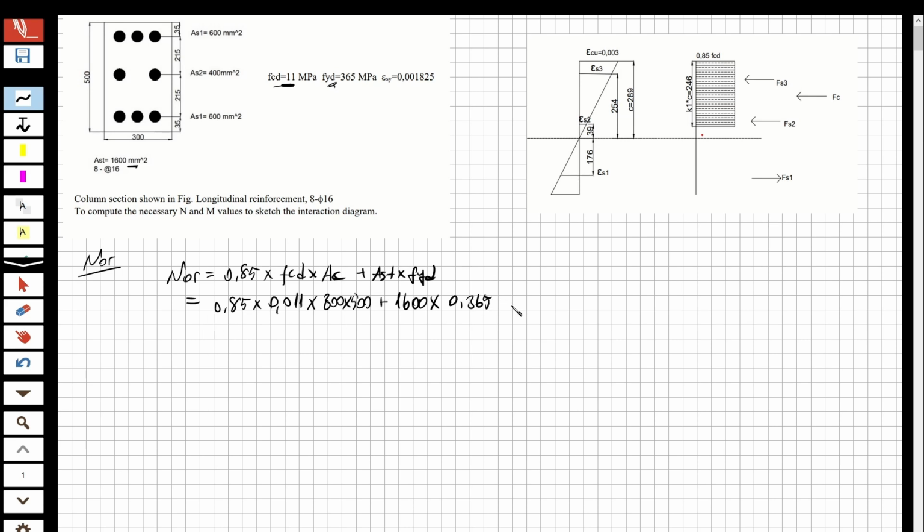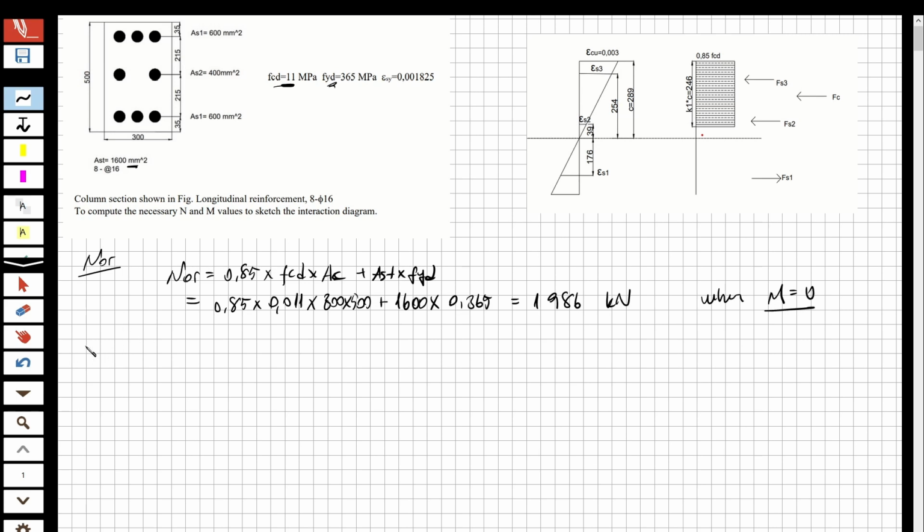From this formulation, I'm going to obtain 1986 kilonewton as the axial force when the moment is zero. So I guess we complete the first part.